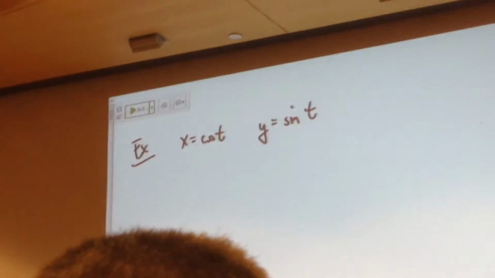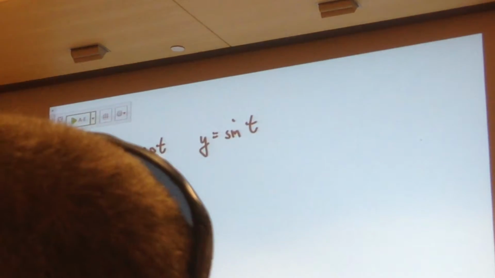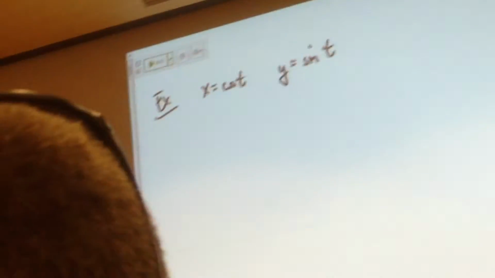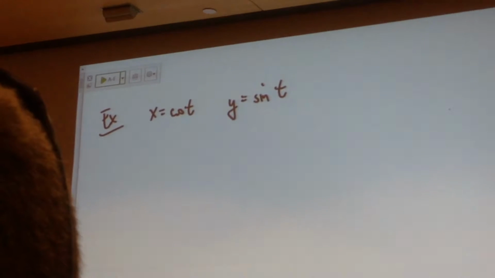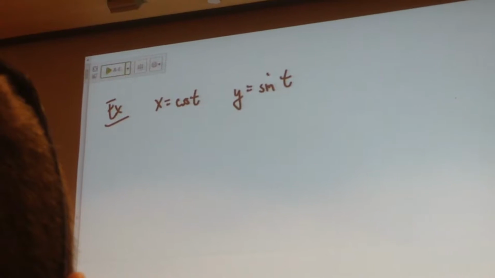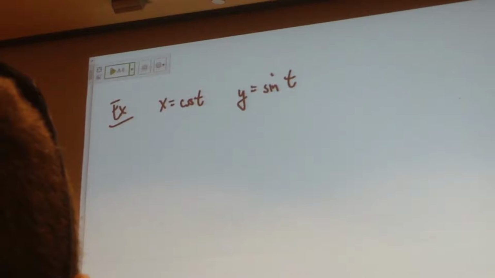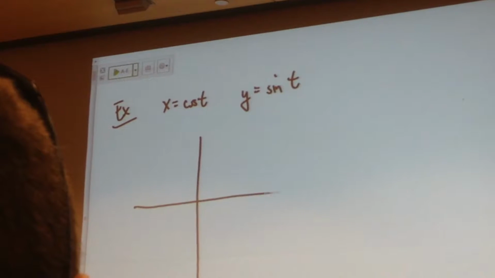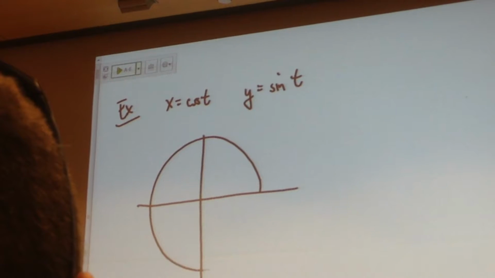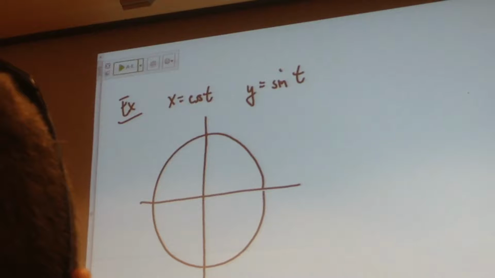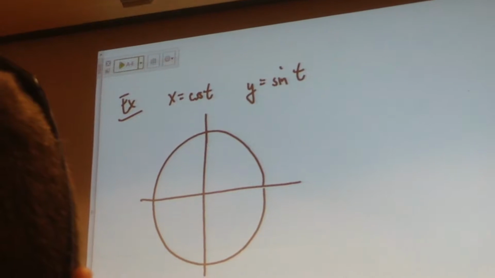Anyone done parametric equations before? Want to tell me what graph this makes? Cosine of t. It's a circle. Exactly.